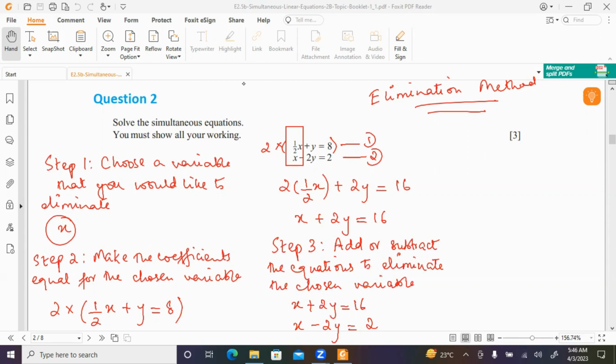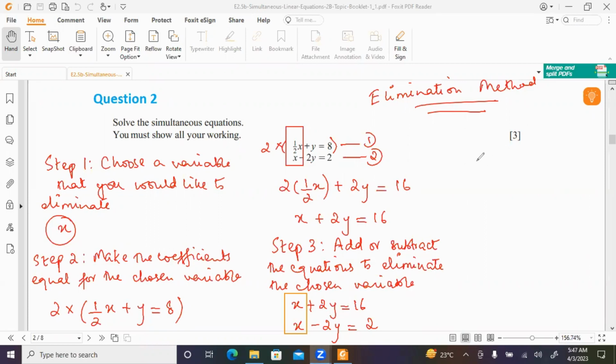We are trying to eliminate variable x. If you remember from the previous video, when you're eliminating the chosen variable, if both the variables are positive, then we subtract. Because if we were adding both the equations, then x plus x would become 2x. We won't be getting rid of it. So in order to get rid of the x, we will subtract both equations, and then x minus x will give us 0, whereas y would still remain in the equation.